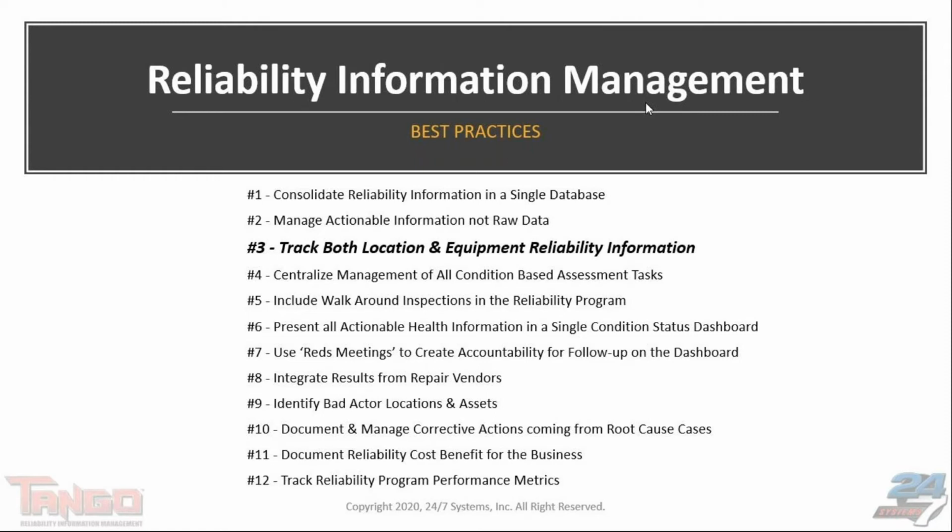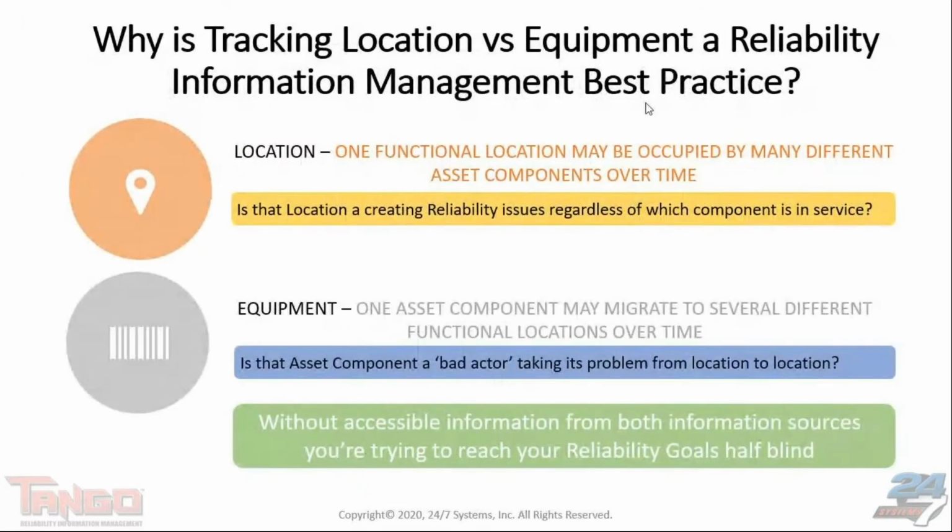So today we're going to talk about both location and equipment reliability information and the need to track those as separate inventories. So what does that really mean? If you think about the location, one thought process I found makes it easier is to think about the base plate on that rotating equipment train, or the electrical center, that one MCC location and the components, all the buckets that might be inside that particular MCC.